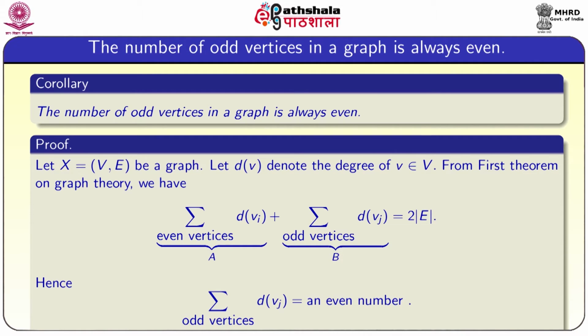So odd plus odd plus odd and so on is equal to an even number. So the number of odd vertices has to be even. So this is easy to see.